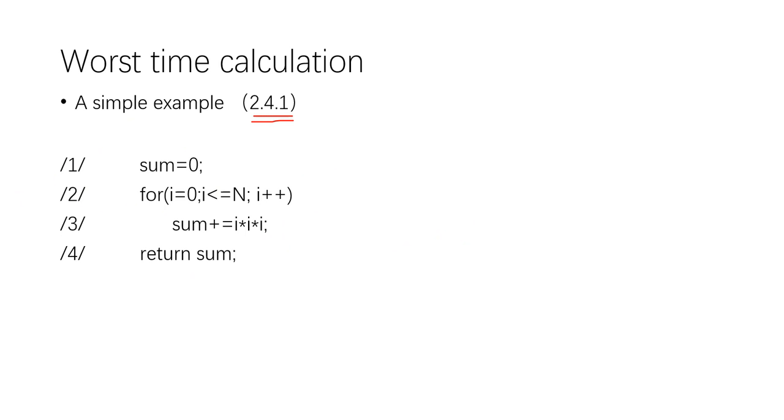If you have a textbook, you can take a look at the example. It's a pretty simple program, just 4 lines. First, you can read it quickly to see what this short program is for.